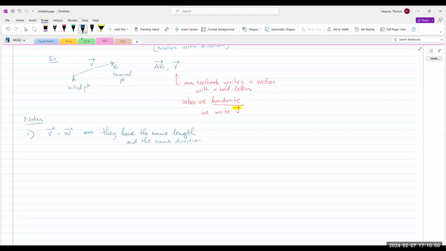Okay. I want to emphasize what people may misunderstand. Same length, same direction, they may have different initial and terminal points.